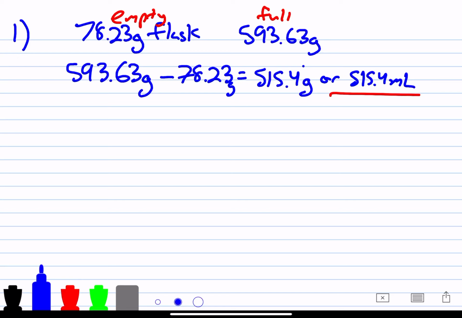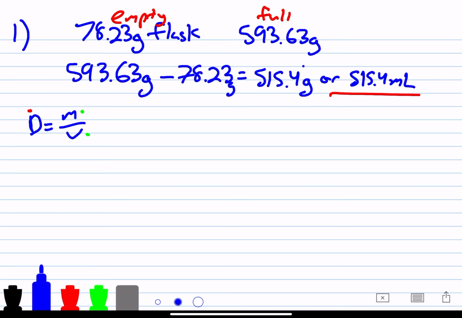Now, if you remember our equation we learned, density is equal to mass over volume. So we're looking for density. This is what we're interested in. We are given the mass of the sulfuric acid, that's 1026 grams, and the volume we now have solved for.